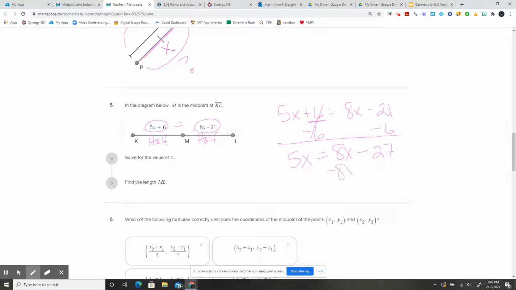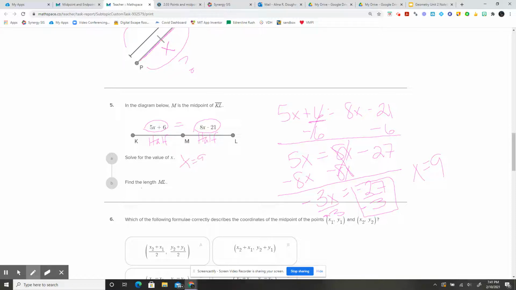Then I can subtract 8x to go the other direction, and I get negative 3x equals negative 27. I'm going to divide by negative 3 and divide by negative 3. A negative divided by a negative is a positive, so x is going to equal 9. So in my example, x is going to equal 9.